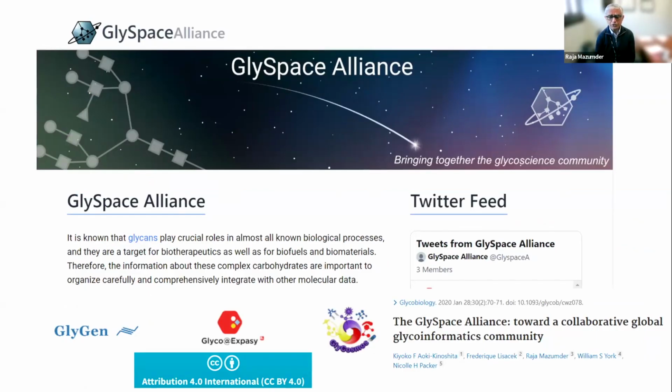So GlyGen and from Frederic, GlyConnect and GlyCosmos and GlyToucan and Kyoko, we all joined together and formed the alliance, which allowed us to share data, but also provide data with the CC 4.0 license, which means you can do anything you want there. You can download it, build your own resource, write papers. The CC 4.0 means the citation is expected, which helps us, of course, to make sure that we are serving the community.